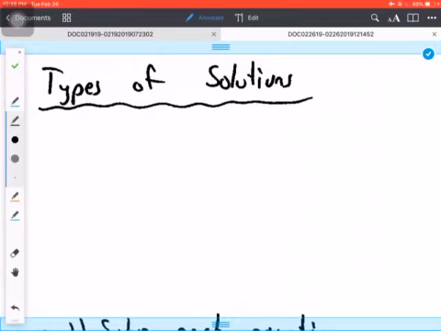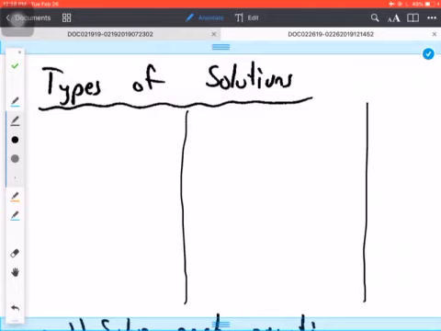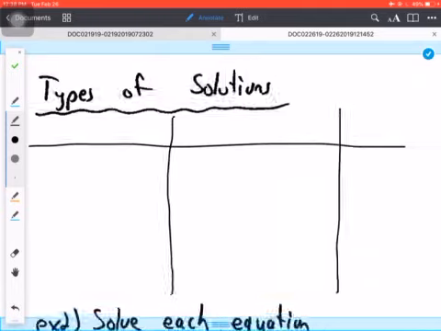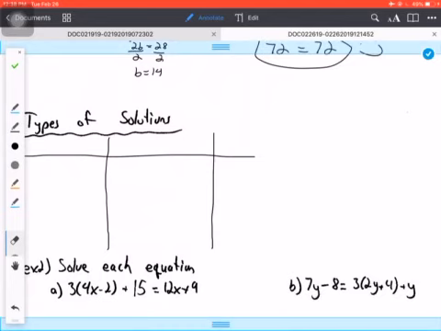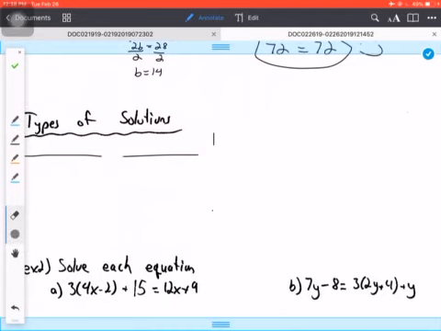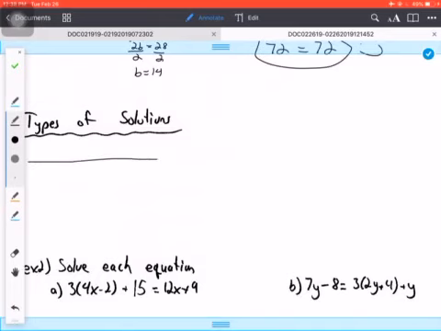So let's go ahead and start figuring out what kind of cases we could have. And in fact, there are 3 of them. So I'm going to separate this into 3 columns. I'm going to make them just a little bit bigger here, to give some examples of what they should look like.